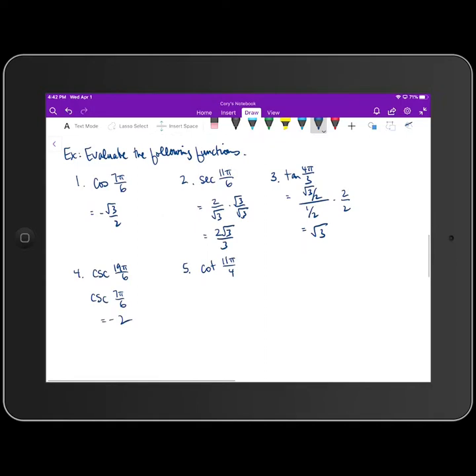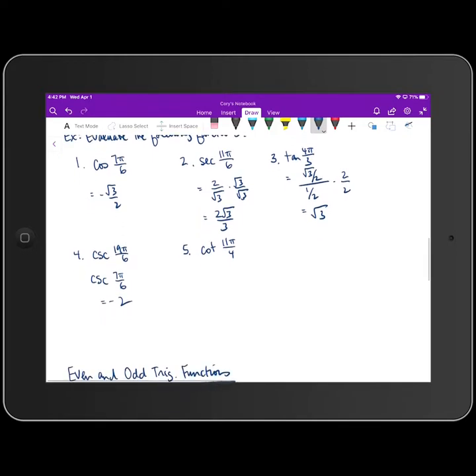Same thing with 5, the cotangent of 11 pi over 4, that is not between 0 and 2 pi. So we have to find an angle that is coterminal with that angle that is between 0 and 2 pi. If we subtract 2 pi, that's like subtracting 8 pi over 4, and 11 pi over 4 minus 8 pi over 4 gives us the cotangent of 3 pi over 4.